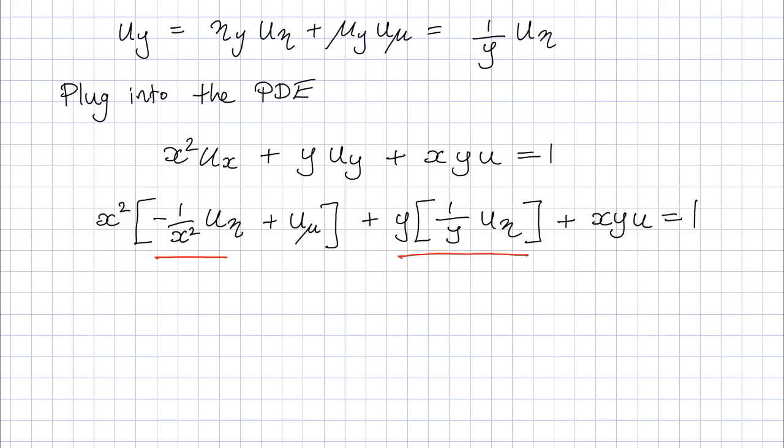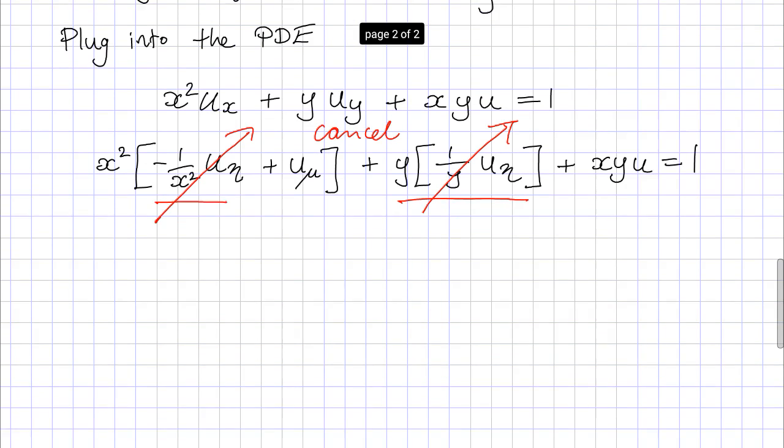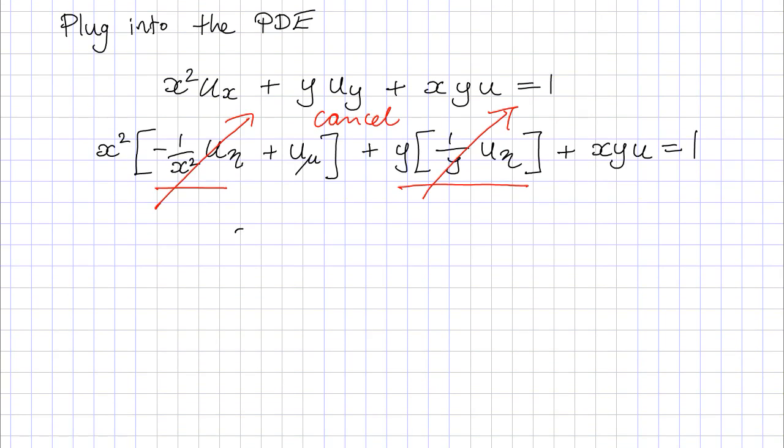So this first term and this term here cancel. And what that leaves me with is x squared du by d mu plus x y u equals 1. Okay, so we're nearly there.